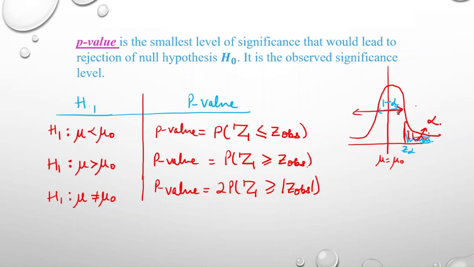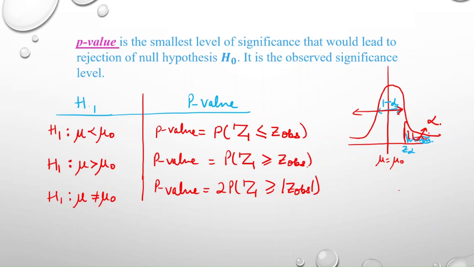This is the rejection region, and everything else is the acceptance region. According to this, z must be greater than or equal to the z observed value. That means whatever z you get, the p-value would lie in this rejection area, where you are rejecting your null hypothesis.